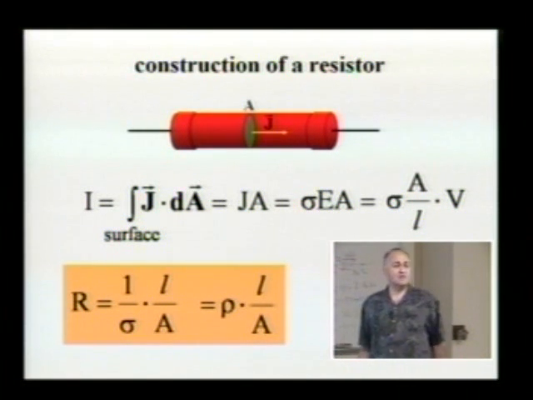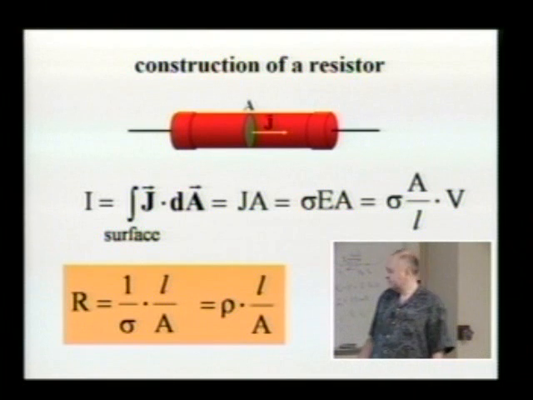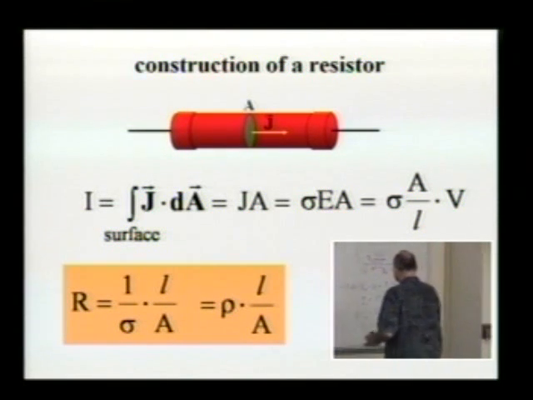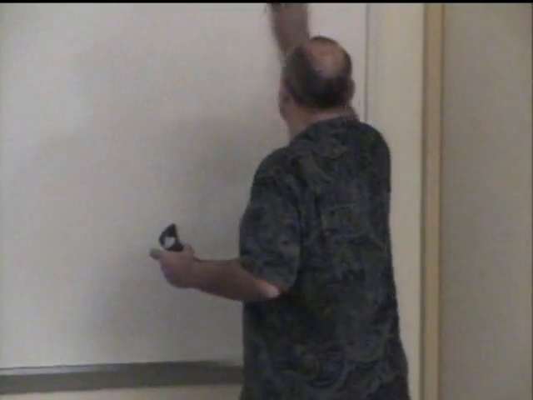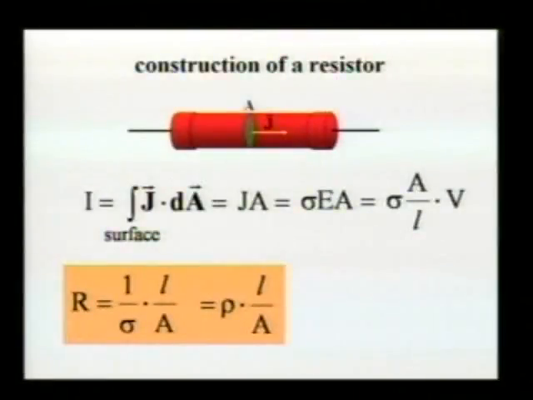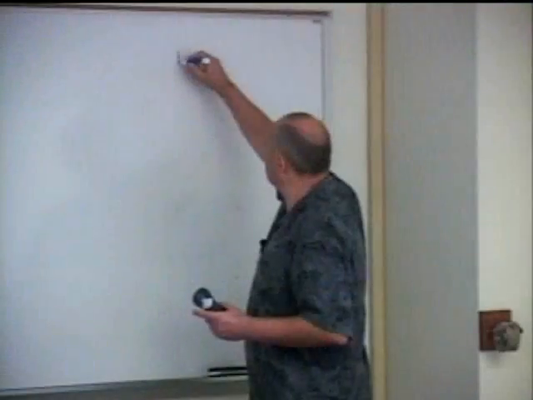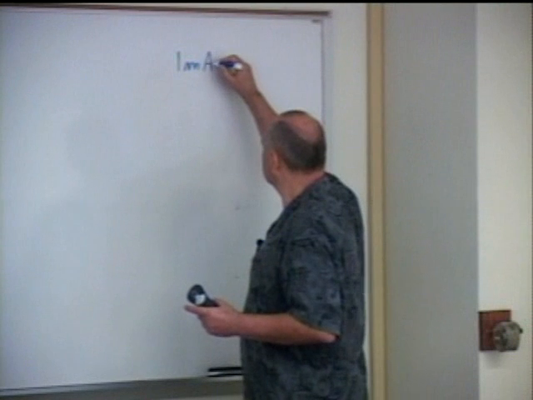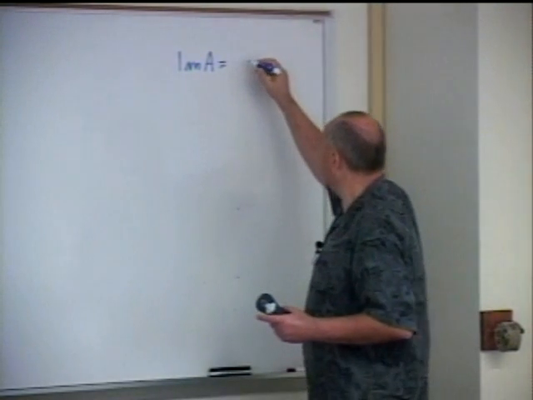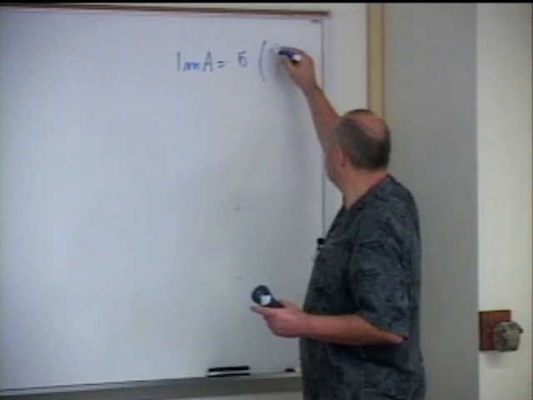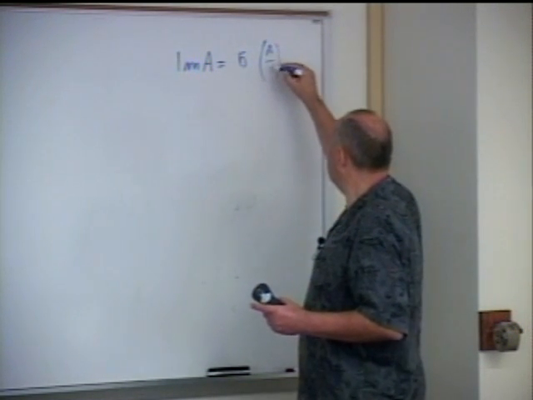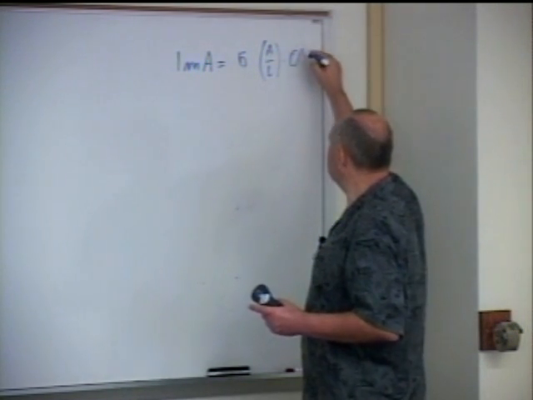Now let's say that we want to have 1 milliampere in a wire. So something times a certain constant, area over length, and here we have 0 volts.